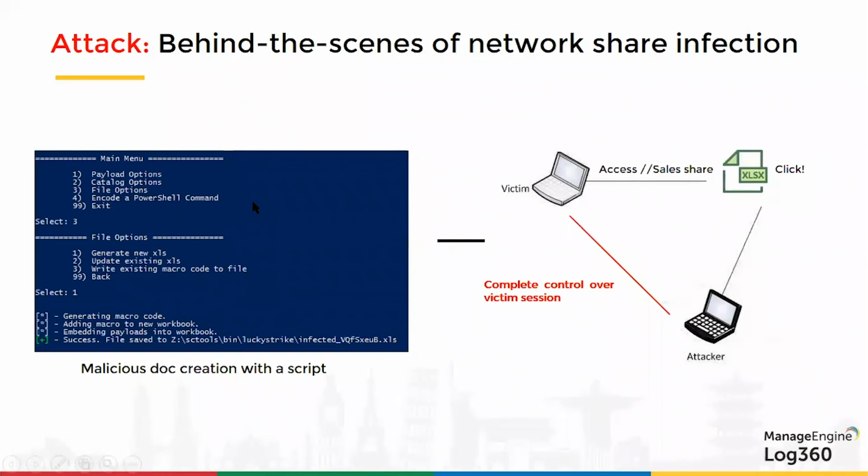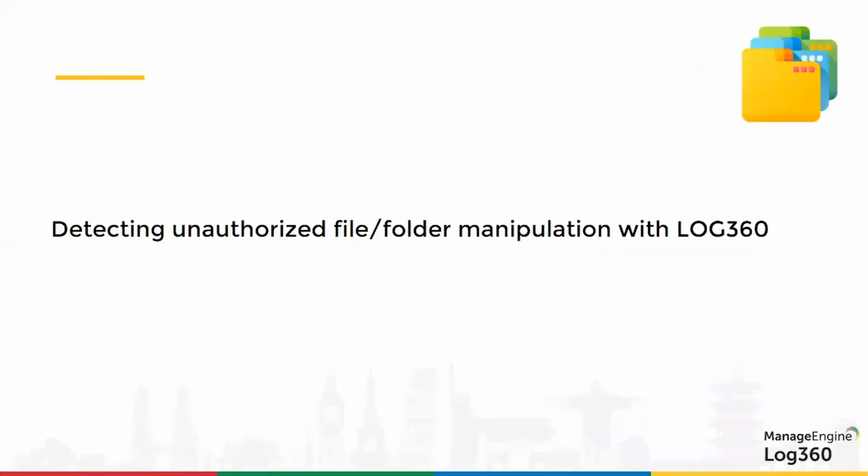So there are scripts that will help you generate malicious macros, and there are ways where an attacker could gain complete control of an end user system, or when the end user opens the Excel file, the end user's password hashes will be dumped onto the attacker system, right? So that's something that has to be looked into as well.